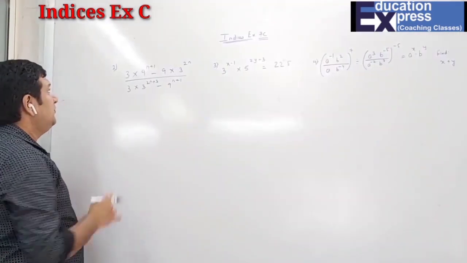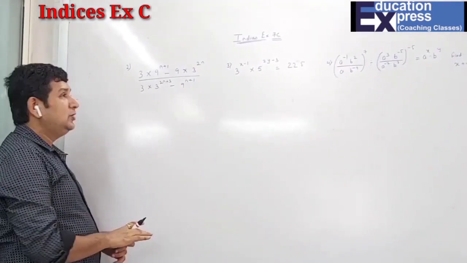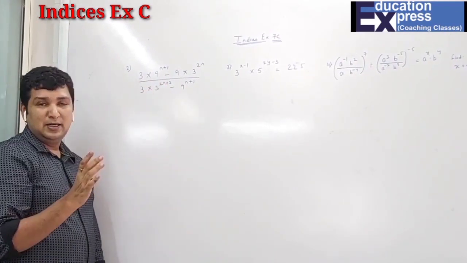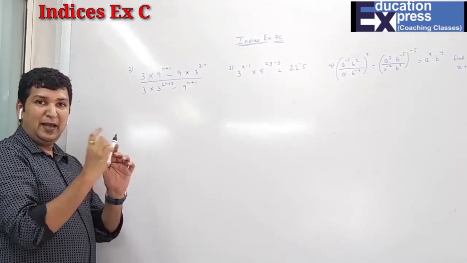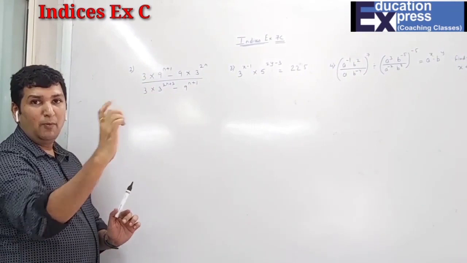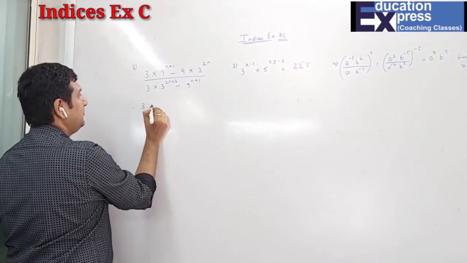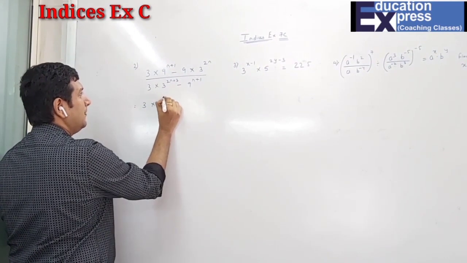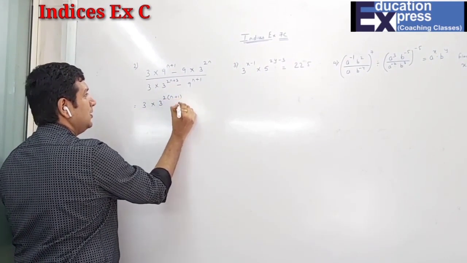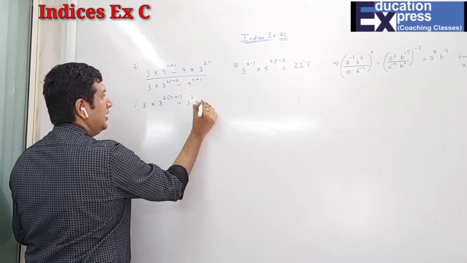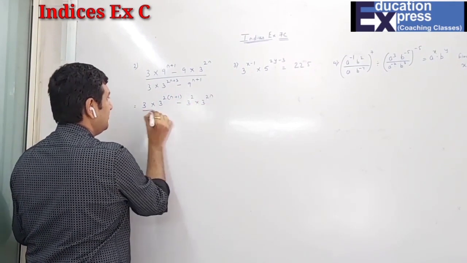The same sum I have done in exercise A also, wherein I told you that you have to get everything at the same base. After that you have to separate the base with the variable and the base with the normal power. So here, first of all, I know that it's 3 into 3 raised to 2n plus 1, minus 3 squared into 3 raised to 2n.